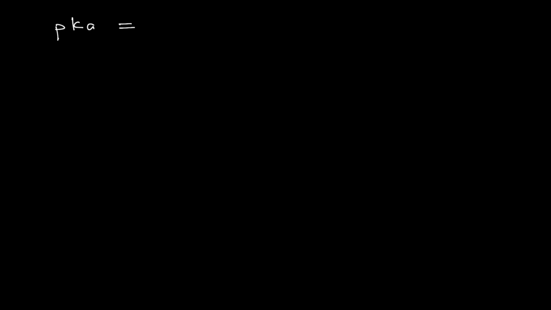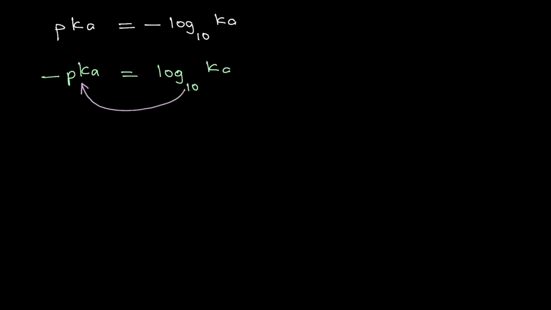pKa equals minus log base 10 Ka value. In order to find the Ka value from its pKa, we multiply both sides by minus 1. We get minus pKa equals log base 10 Ka. Now we can raise 10 to the power minus pKa, and the answer equals Ka.